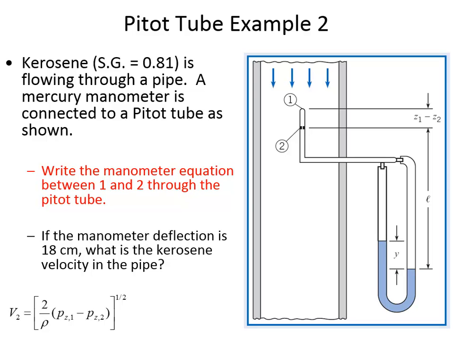Remember, whenever you go down through a fluid, it's plus gamma of that fluid times the elevation difference. Then whenever you go up through a fluid, it's minus gamma of that fluid times the elevation distance. So it's P1 plus blah, blah, blah, minus blah, blah, blah, so on and so forth is equal to P2.